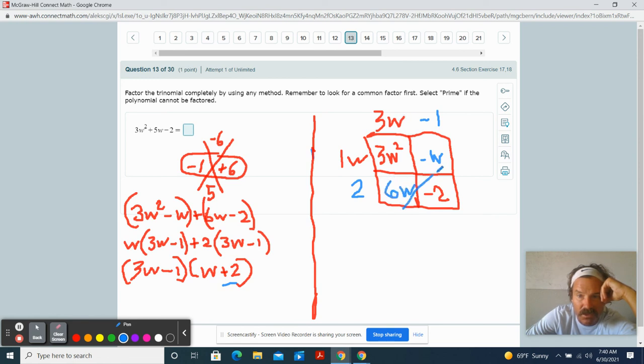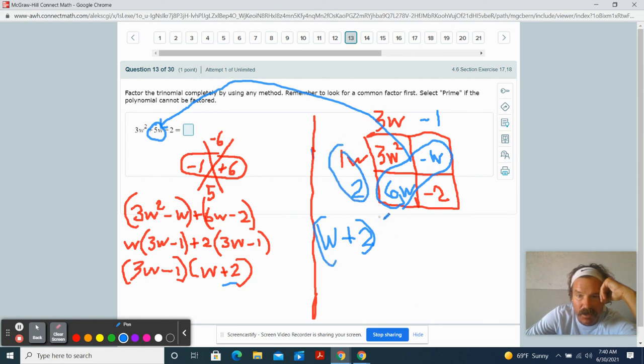And these two have to add up to this number, 5w. And they add up to 5w. So your answer is w plus 2, that's this right here, and then 3w minus 1.